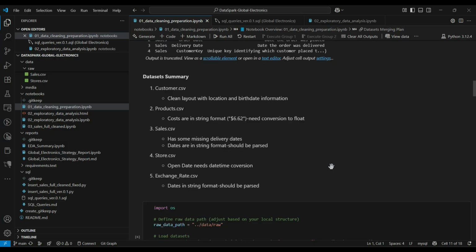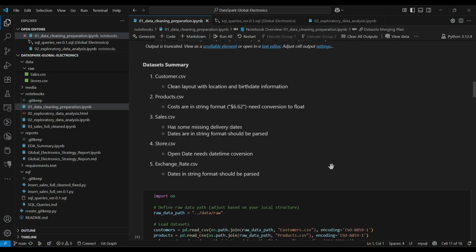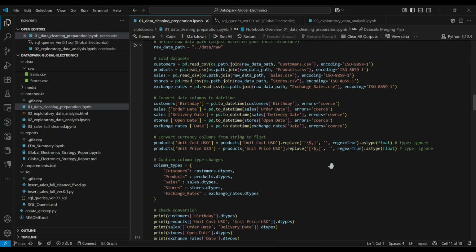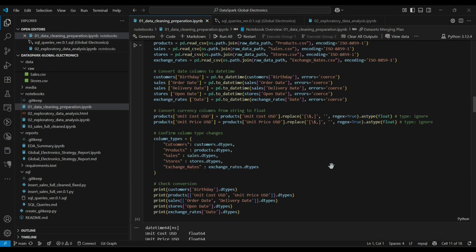The sales dataset had missing delivery dates indicating pending deliveries, and its date fields needed parsing. The stores dataset required conversion of the open date into a proper datetime format. The exchange rates dataset also included date values in string format that had to be parsed.